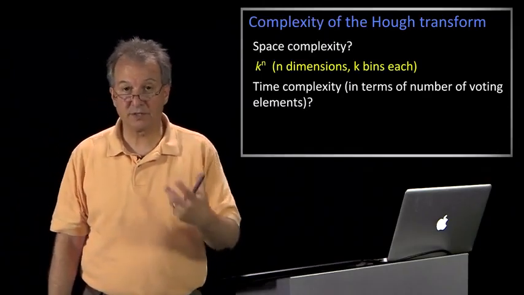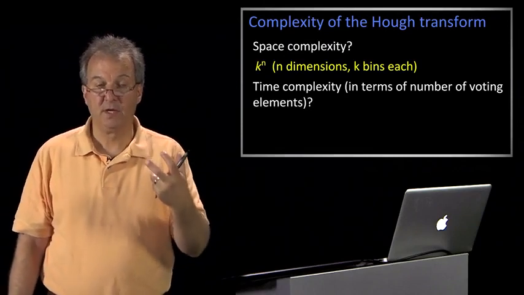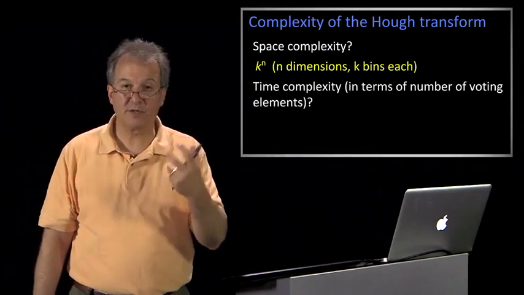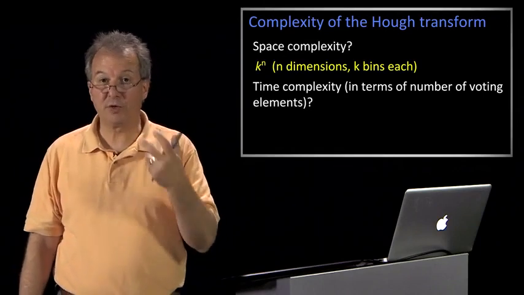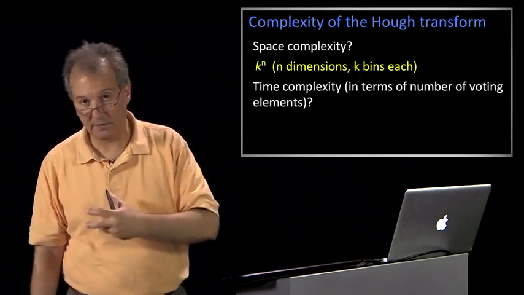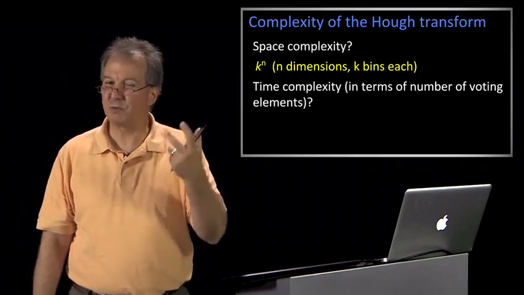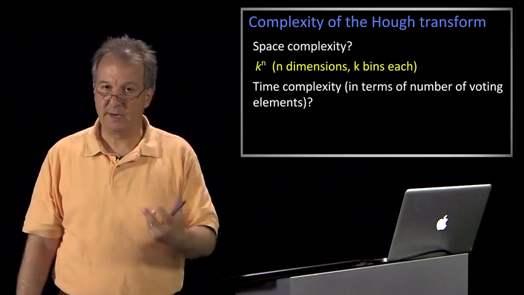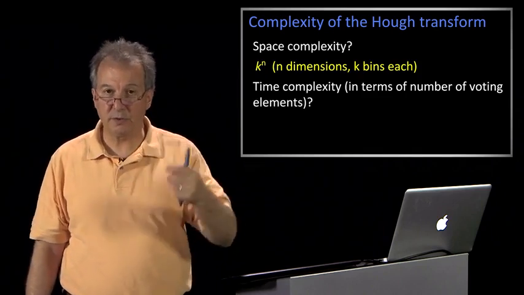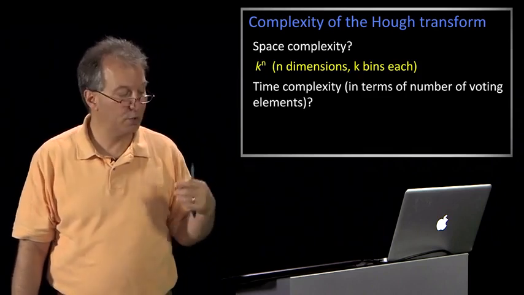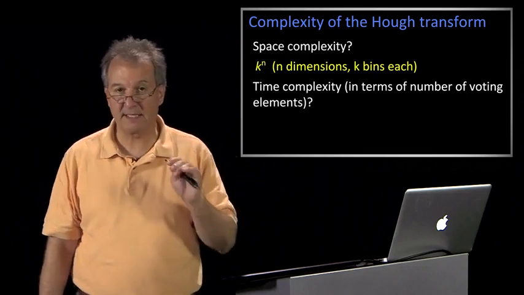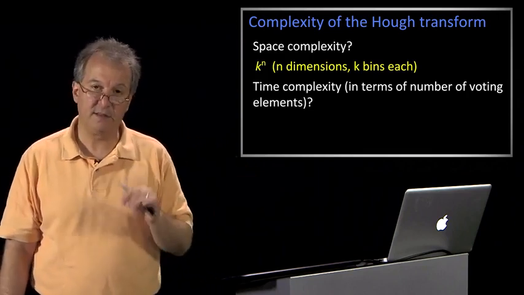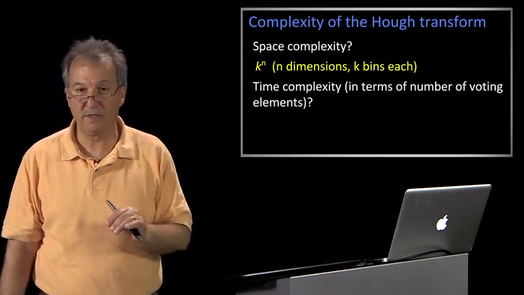A circle is defined by 3 points. So if you have some large number of edge points, let's call it q, the number of triples, q choose 3, would be a very big number. Whereas if you do something that's proportional to just q, you're in much better shape. So the idea here is that the time complexity is linear in the number of features or edge points that you've detected.